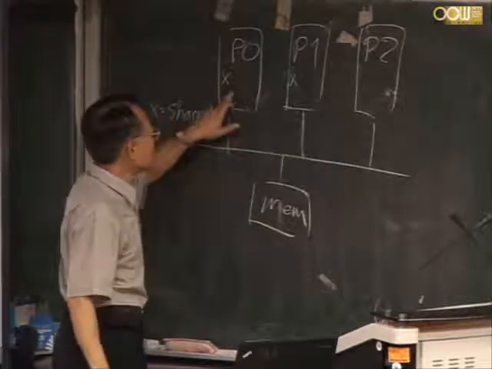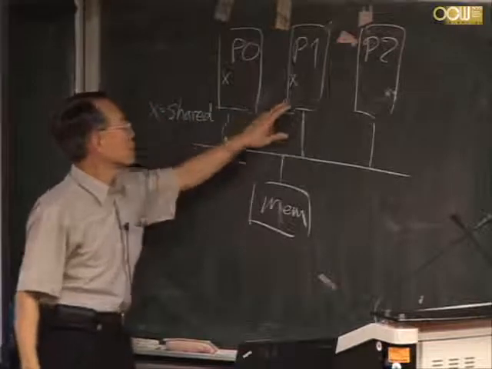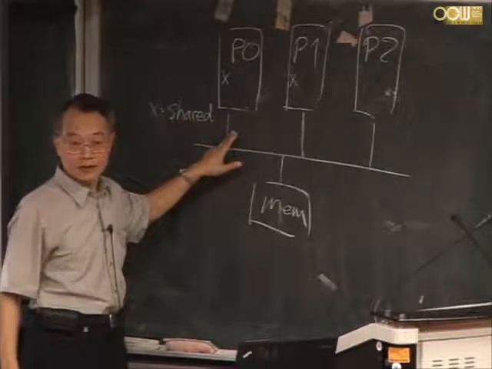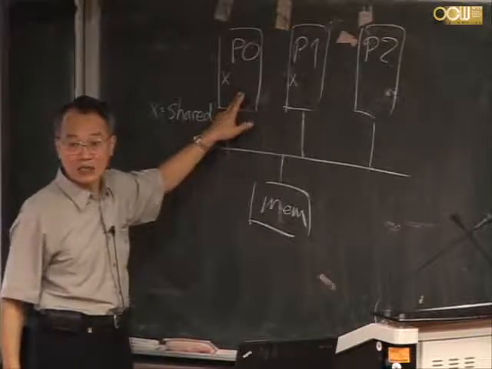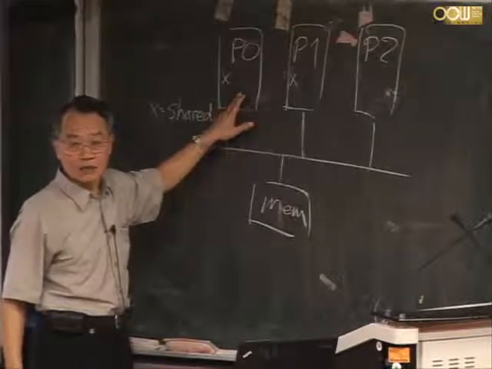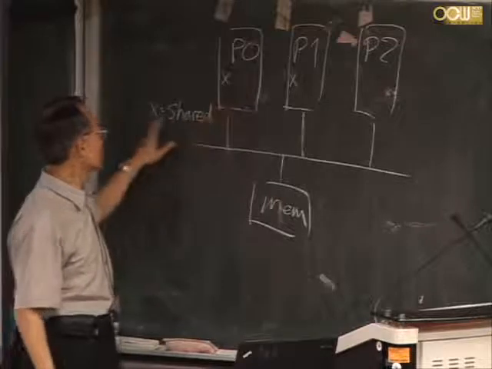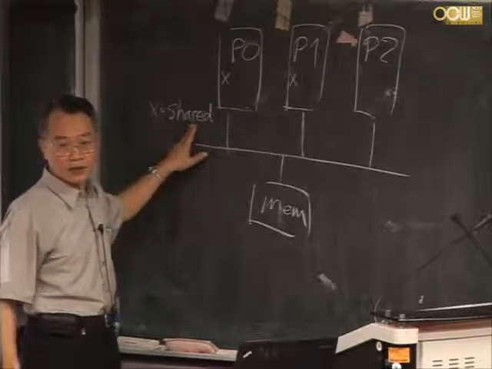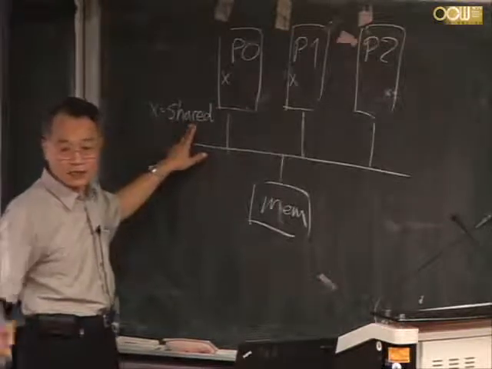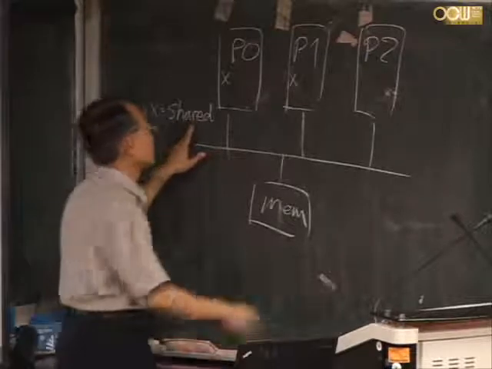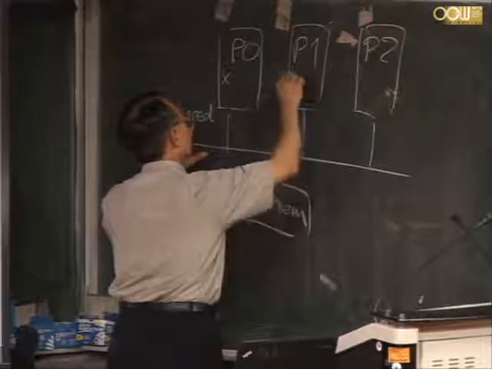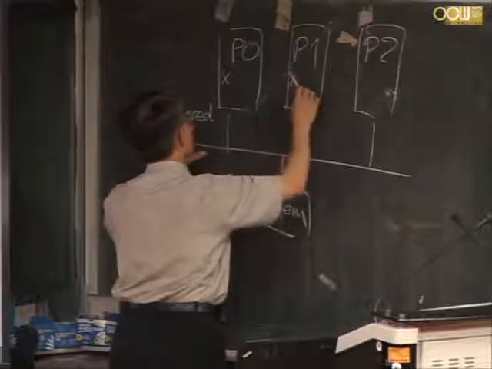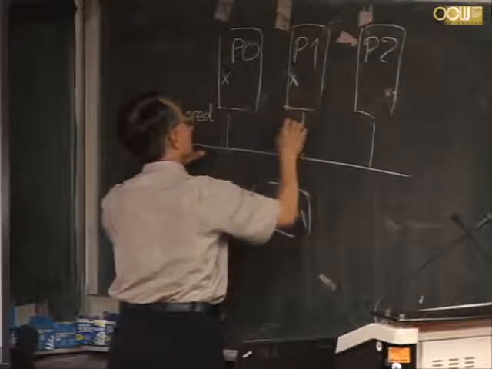So P0 knows that P1 is reading X. Does P0 care? No, because P0 says X is shareable, so anybody else who wants it, get it. I don't care. So P1 can read X in and mark X as being shared also.